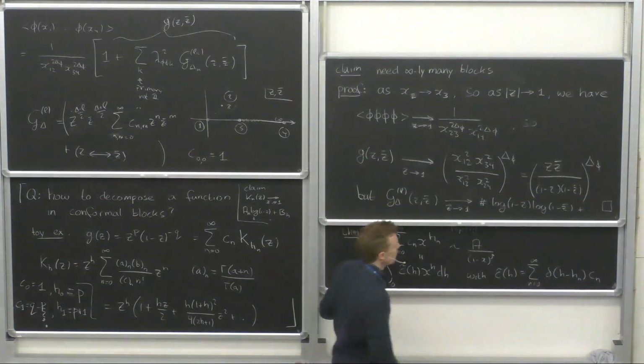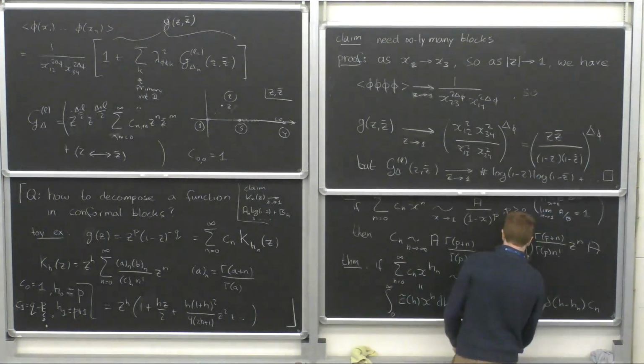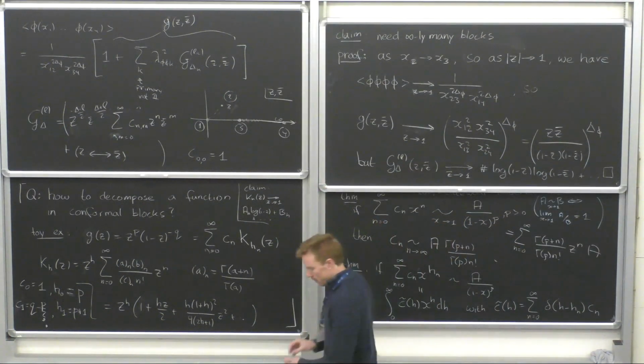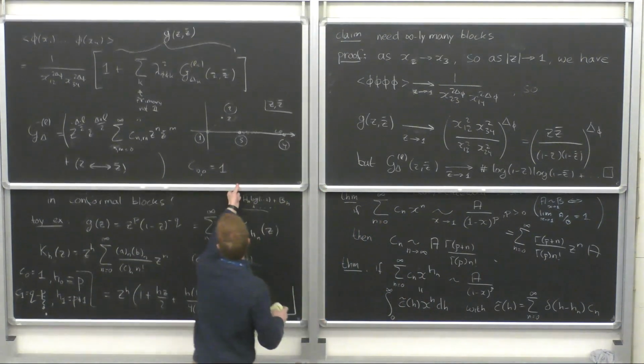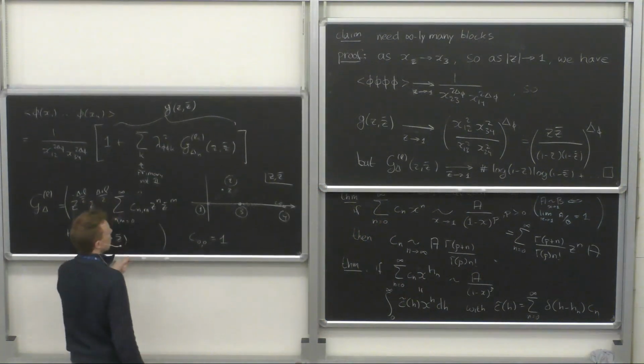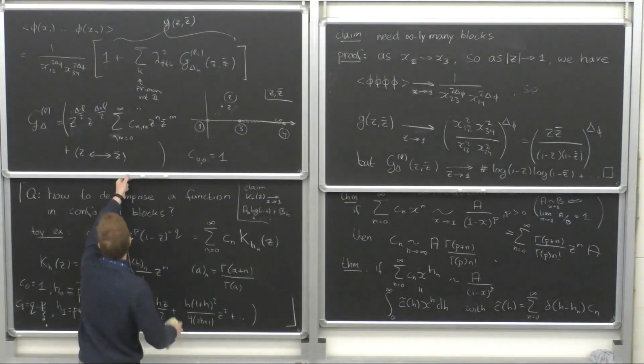Let me do my sequence of boards correctly. So I started there, so I'm continuing on. No, I don't want to continue here, sorry, because I want to keep that.